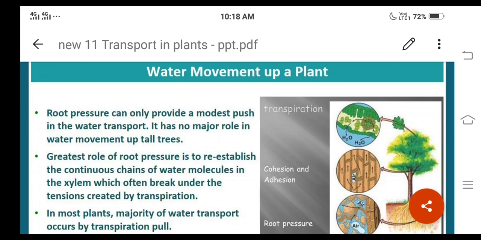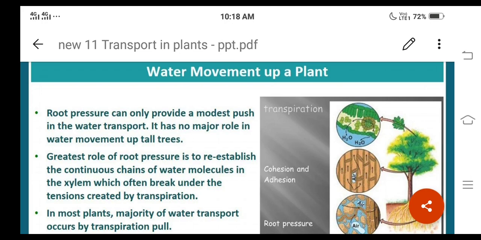It means in most plants, majority of the water transport occurs by the transpiration pull, but not by root pressure. I told you root pressure can only provide a modest push in water transport. It does not have any major role in water movement of tall trees.